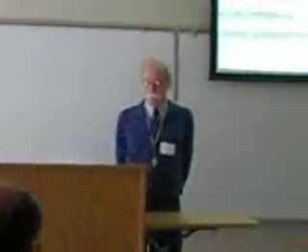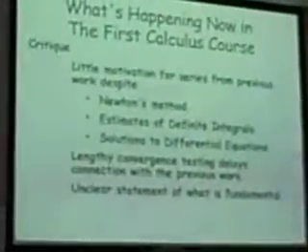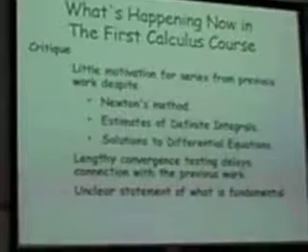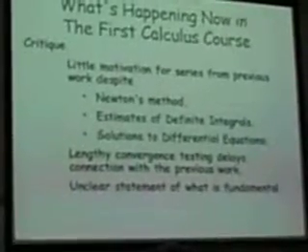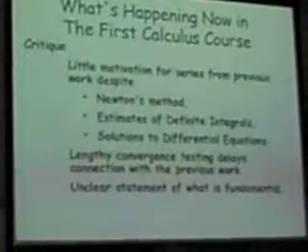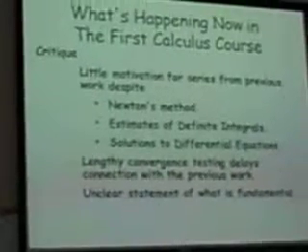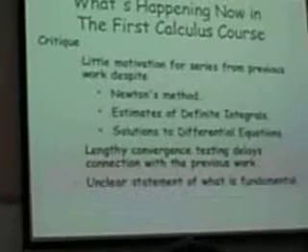Okay, so a little critique here. When you get to that sequence and series stuff, although there has been stuff done in the first semester that might be related to it, none of that is used to motivate the work in the series. You don't look at Newton's method, which is a sequence problem. You don't look at estimations for the definite integral, which is, again, using some sums to estimate a number.